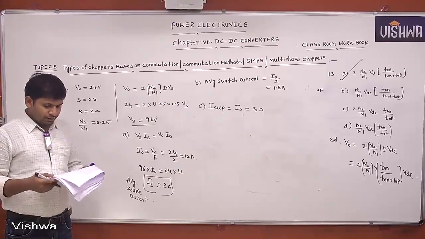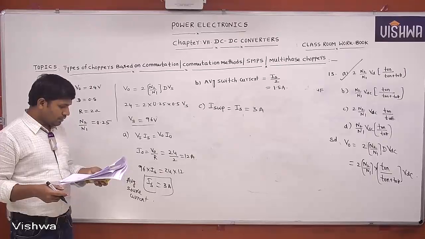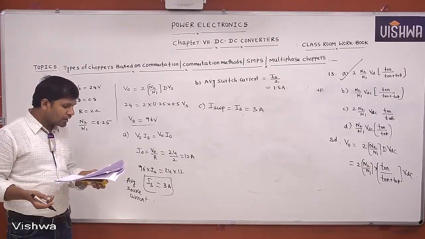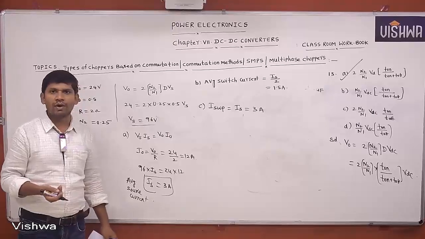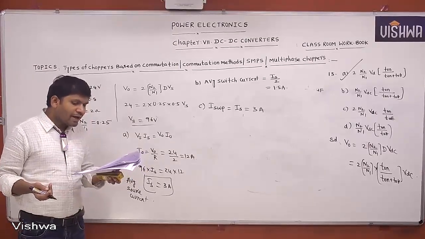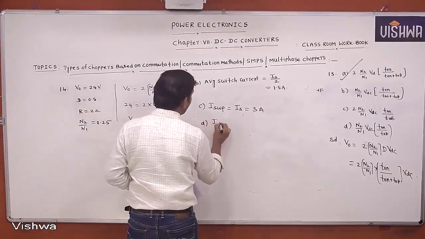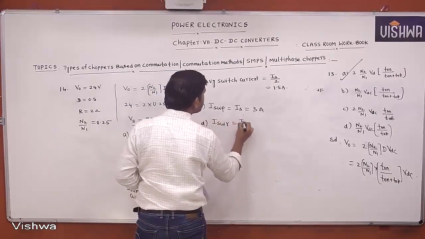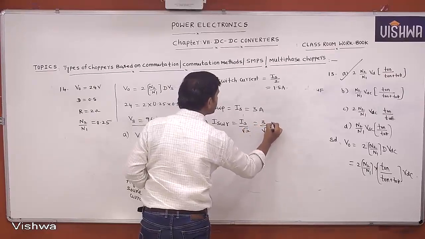The average switch current is 1.5 amperes. Then what is asked? What is the RMS switch current? RMS switch current equal to Is by root 2 only. This is 3 by root 2 amperes.